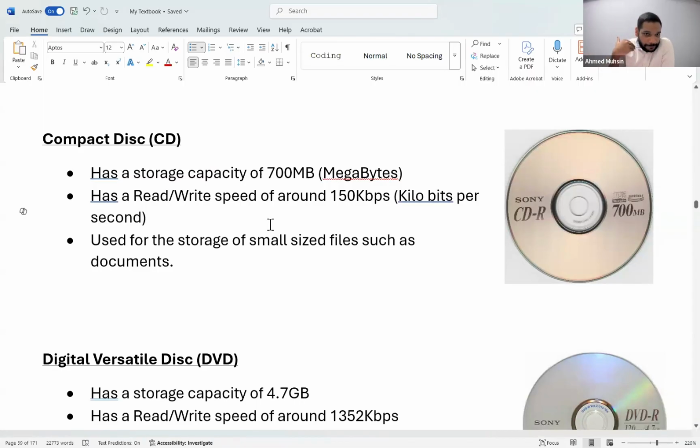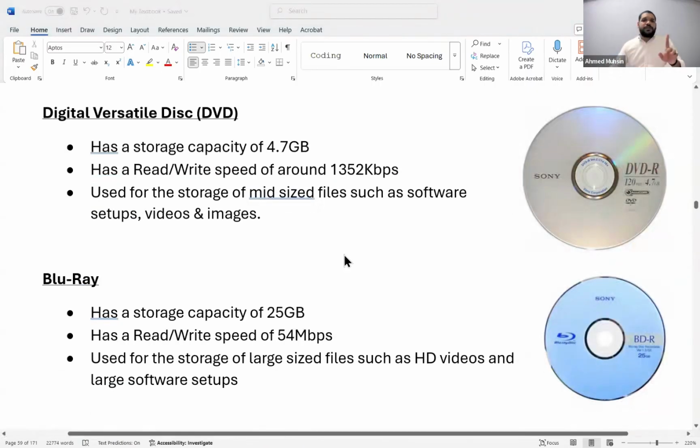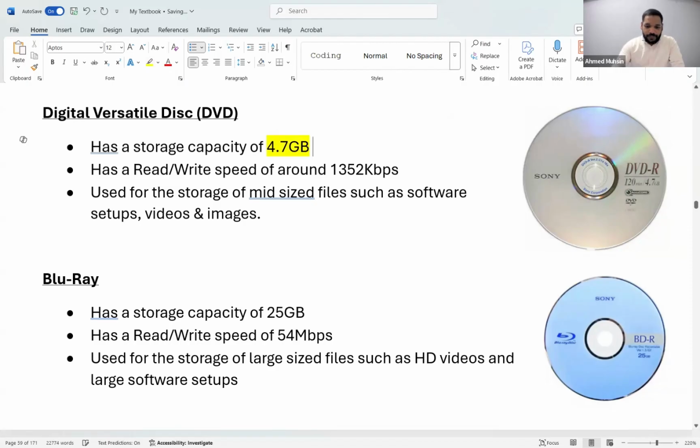Are we okay with this? The storage capacity of DVD can be highlighted, 4.7. So here you have 4.7 gigabytes. Can we also write down that word? Gigabytes.